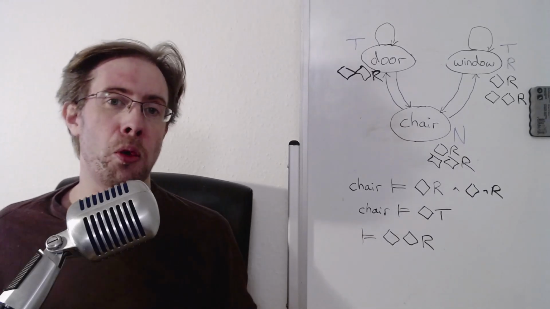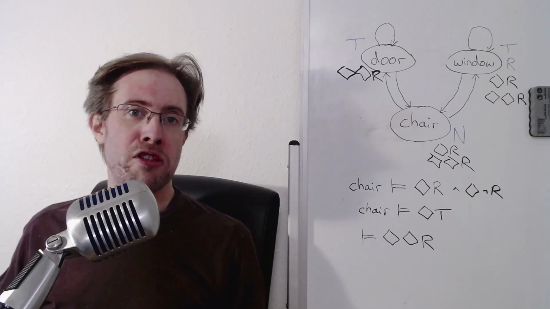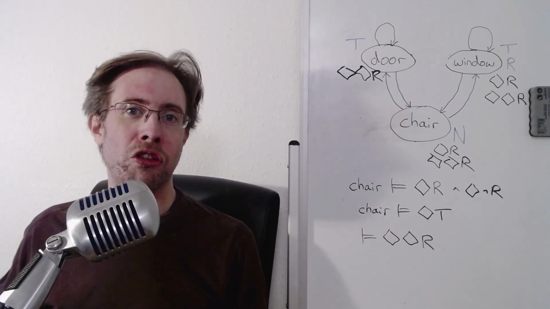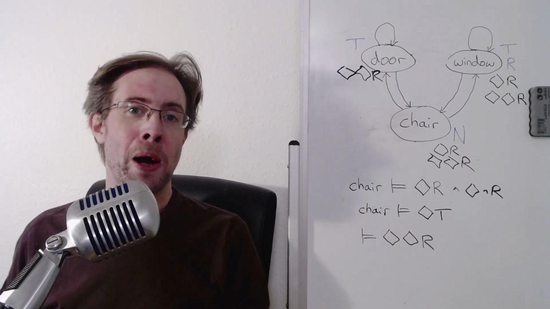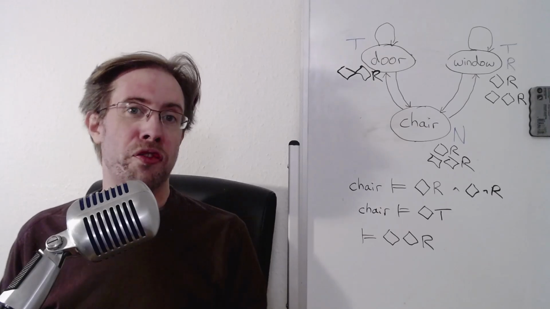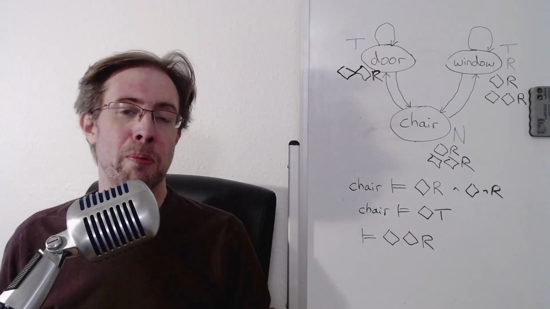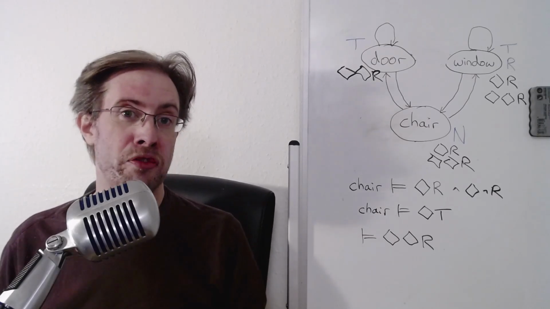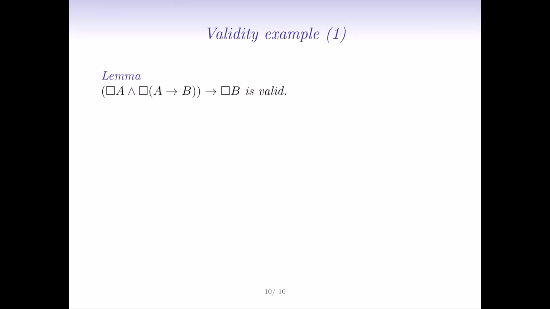Okay, so let's go back to the slides for one final time and do a little piece of reasoning about not just validity in a particular frame, but validity in any frame. So to finish off for today, let's consider how one might prove the validity in any frame of particular modal logic formulas.